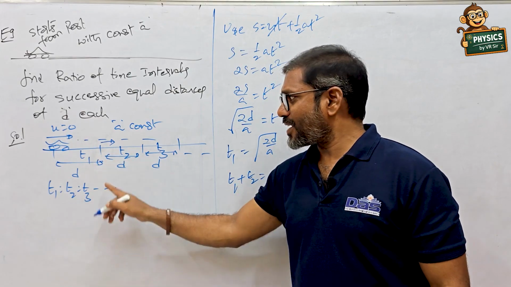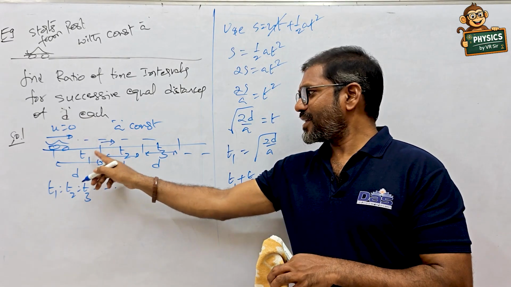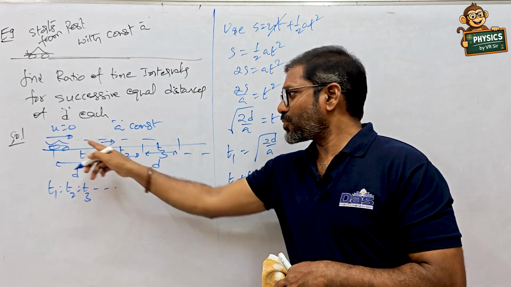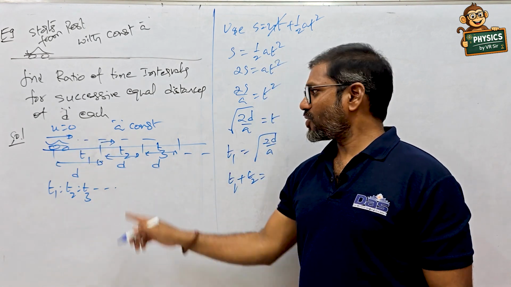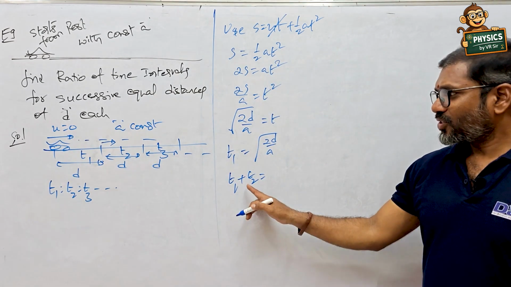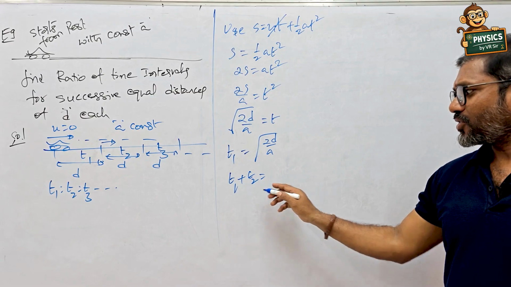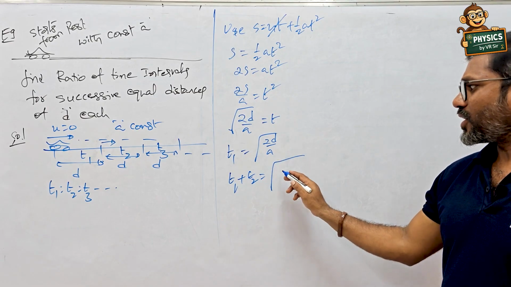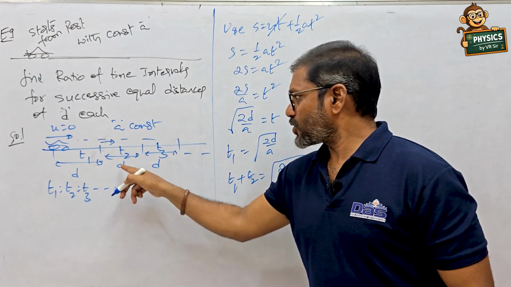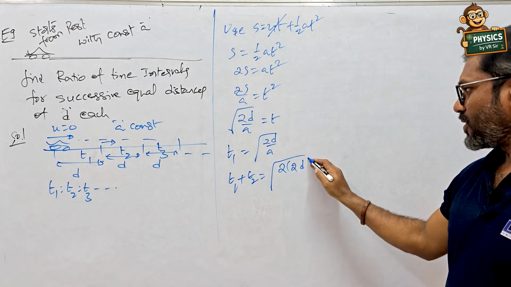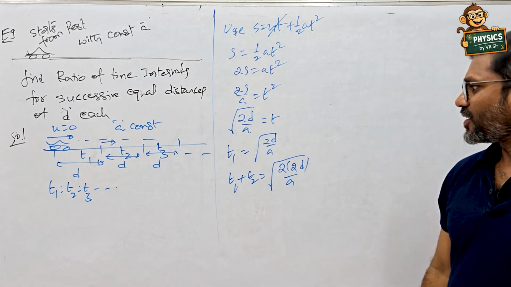For this total time, we represent t1 plus t2. And what is the total displacement it covers? 2d. And what is its initial velocity? 0, and acceleration is constant. That is the reason we write t1 plus t2 is root over 2 times the displacement, which is 2d, upon a.